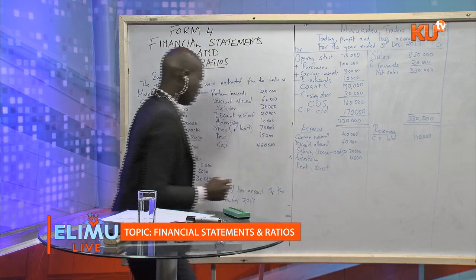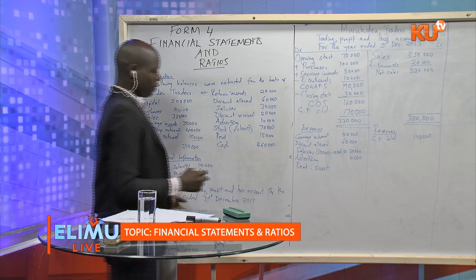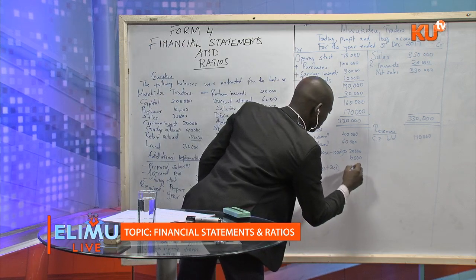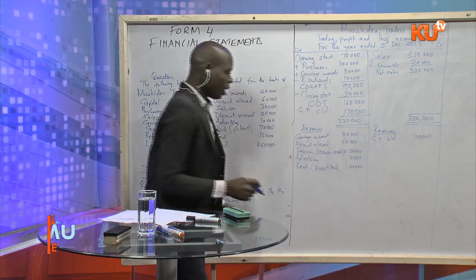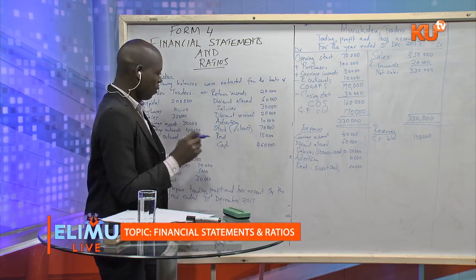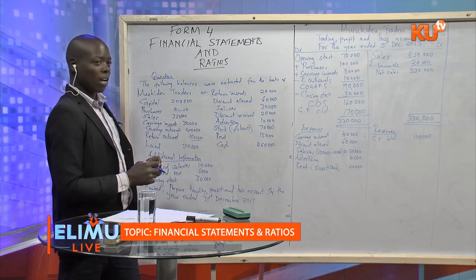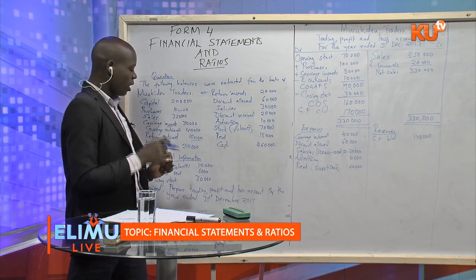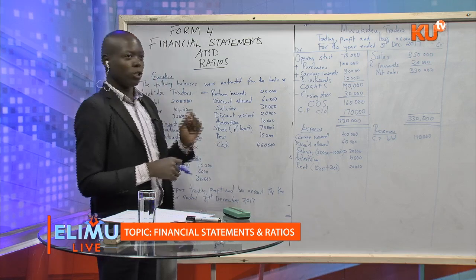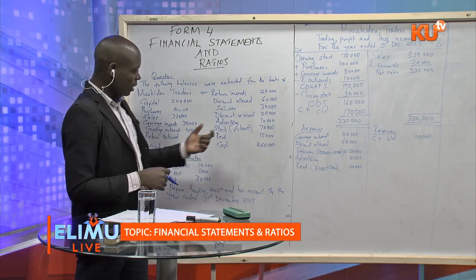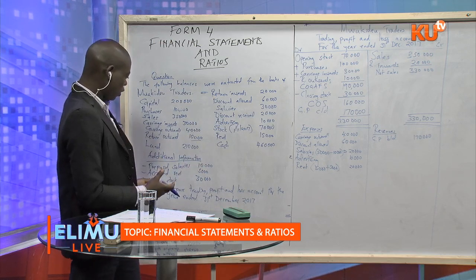We add the accrued rent, 5,000. This will be 20,000. When you're preparing a balance sheet again, you need to know accrued rent will go to the balance sheet on the credit side as a short-term liability. So we finished all the entries concerning the expenses as far as the question is concerned.